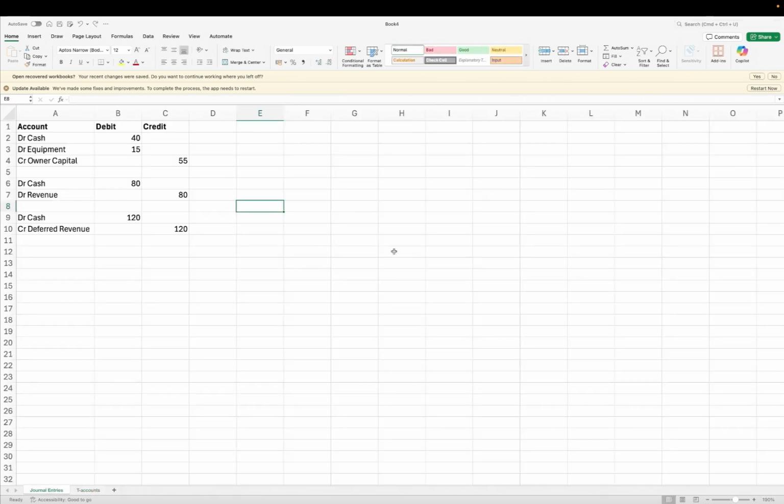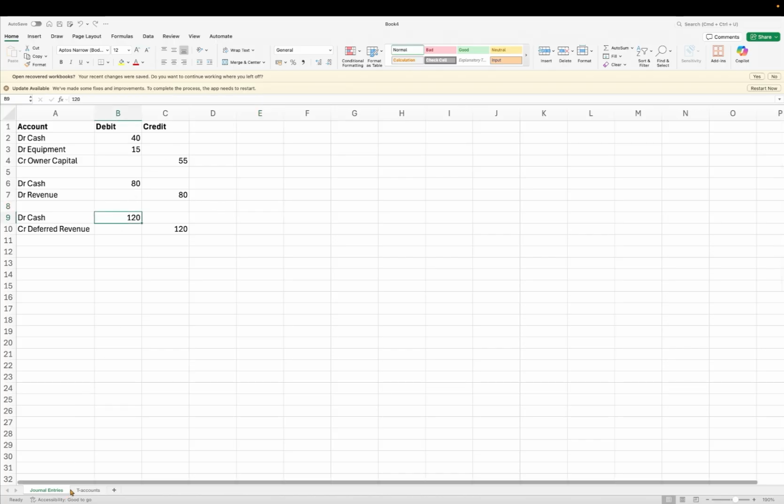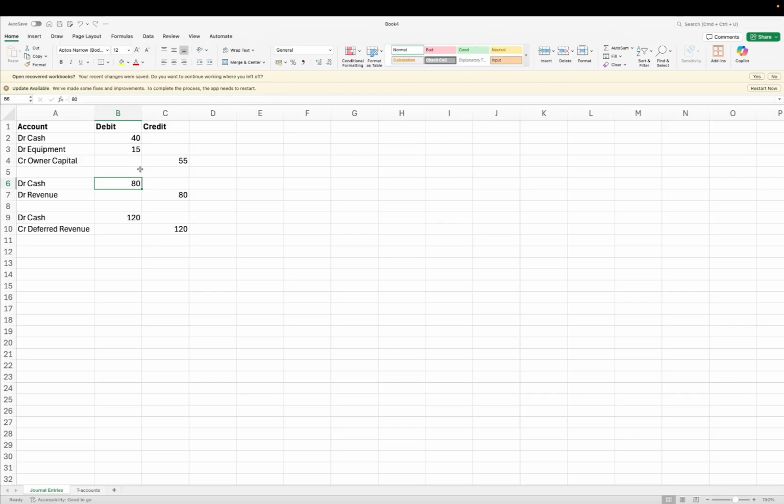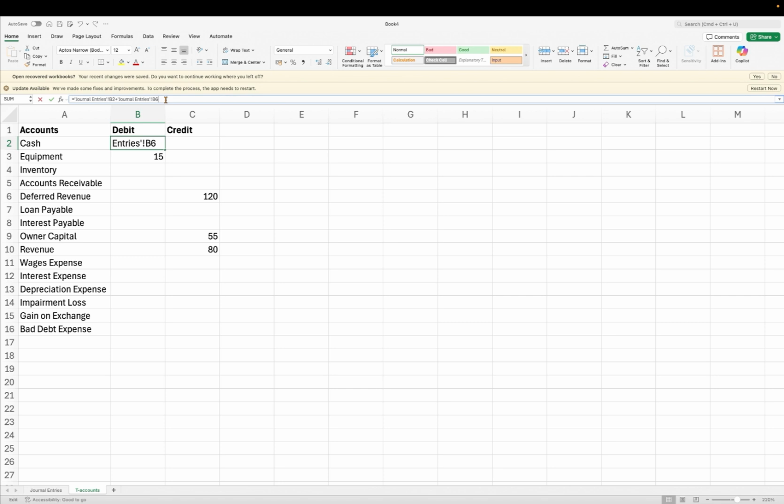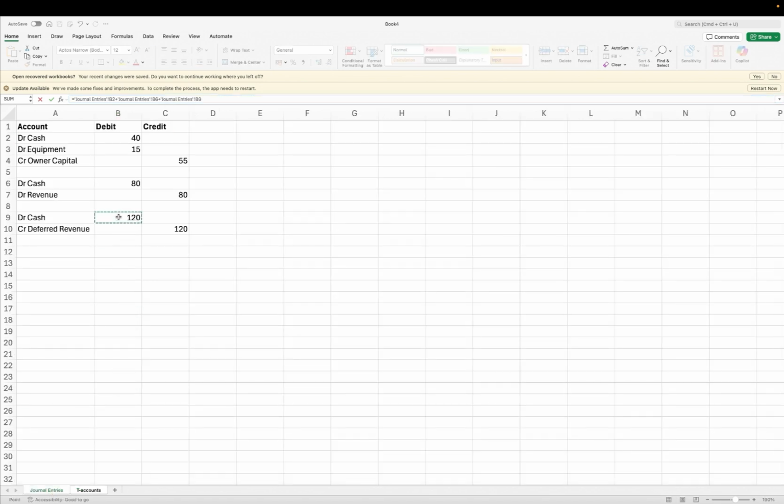Now I post the debit portion of the third transaction to the cash account. So the journal entry shows a debit of 120 in cash, right? Because cash already has previous debits from earlier transactions. And I add the new debit to the existing balance. So the cash account, it will be added, the new one.